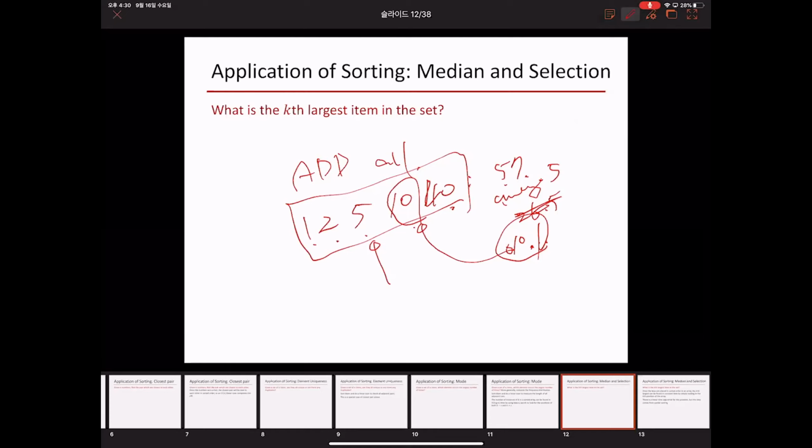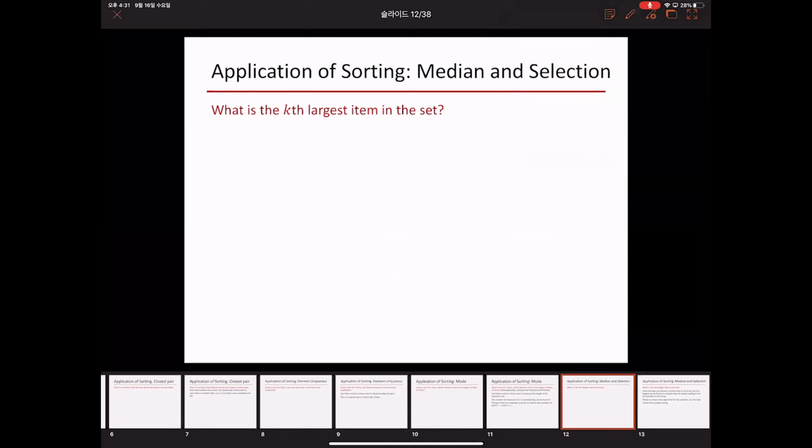So find that index, and it's the median. And first, the numbers must be sorted.